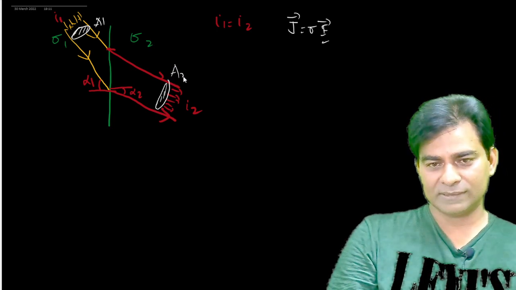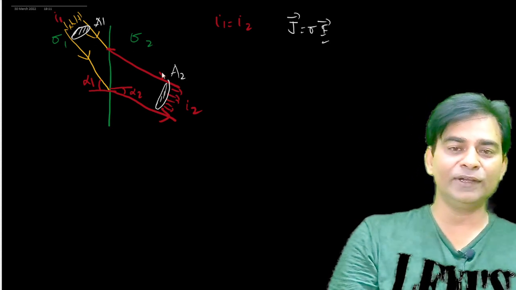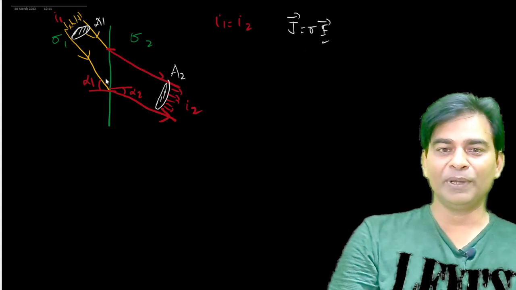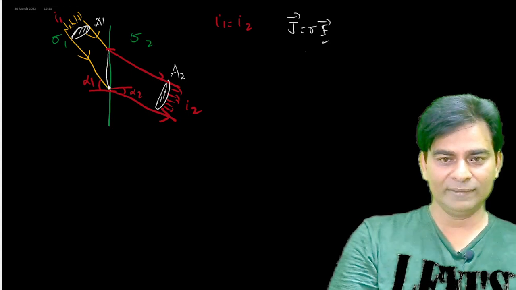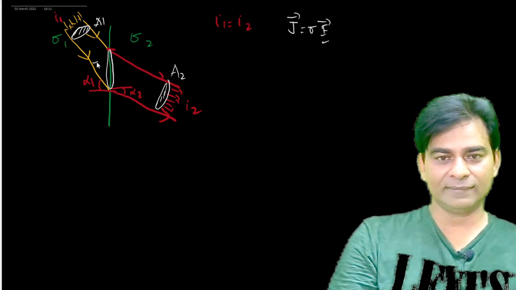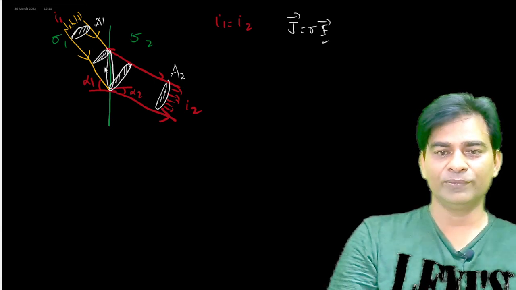Now you must have a question why these A1 and A2 are different. It is because the angles are different. You can prove it: take an area S here and take a projection here, this projection will be A1 and this projection will be A2.